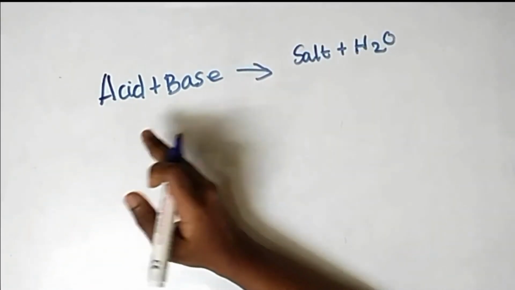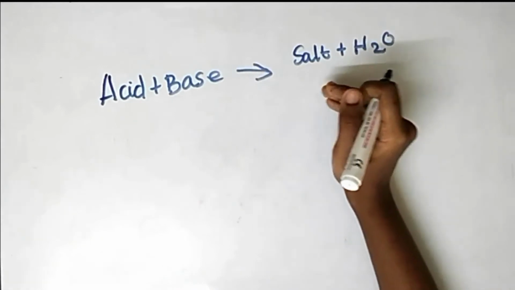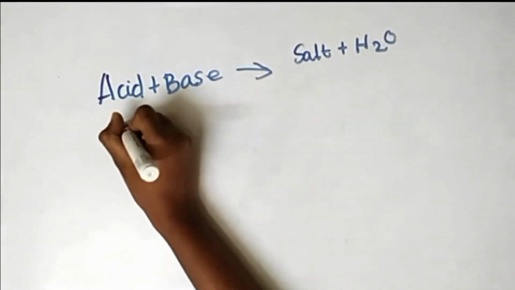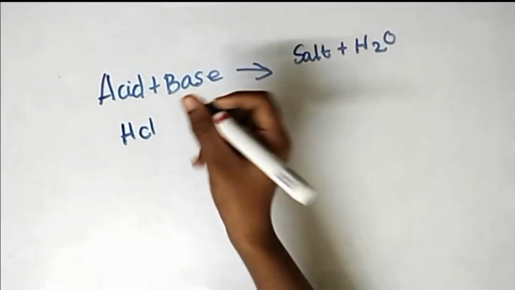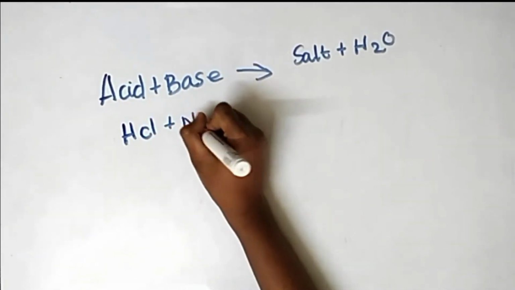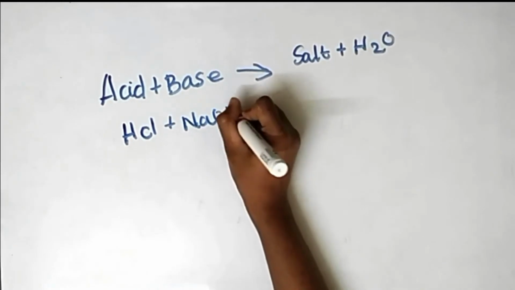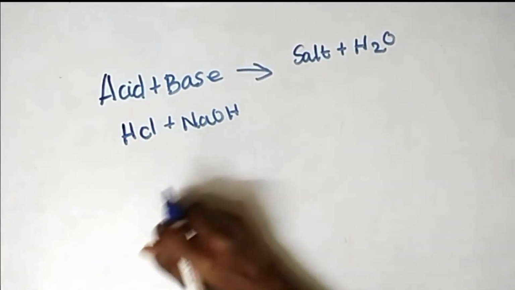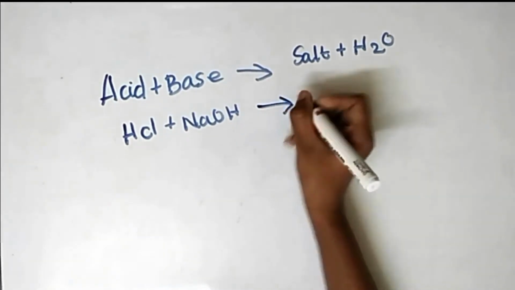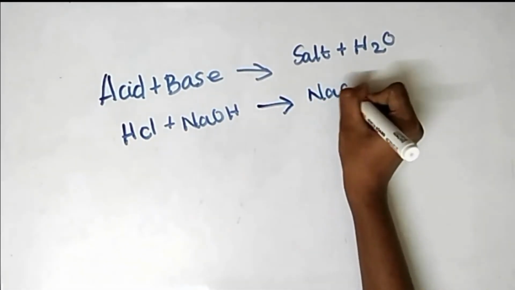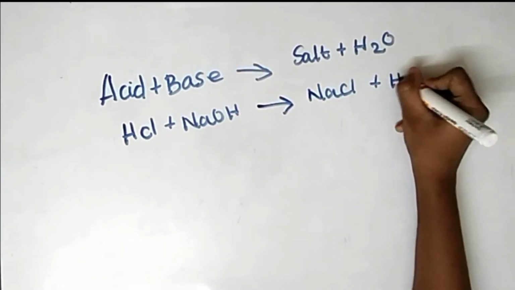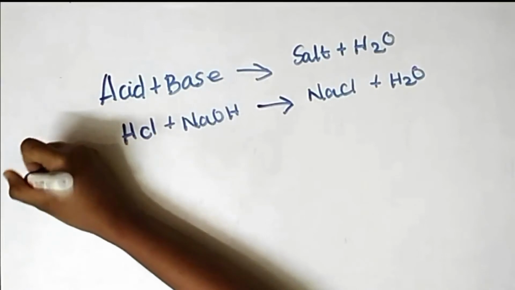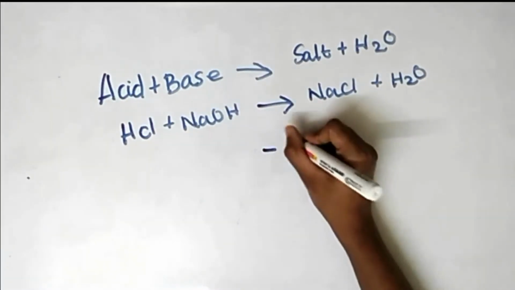For example, take an acid like hydrochloric acid and a base like NaOH, sodium hydroxide. When hydrochloric acid and sodium hydroxide react with each other, the salt NaCl plus water is formed. Such a reaction is called a neutralization reaction.